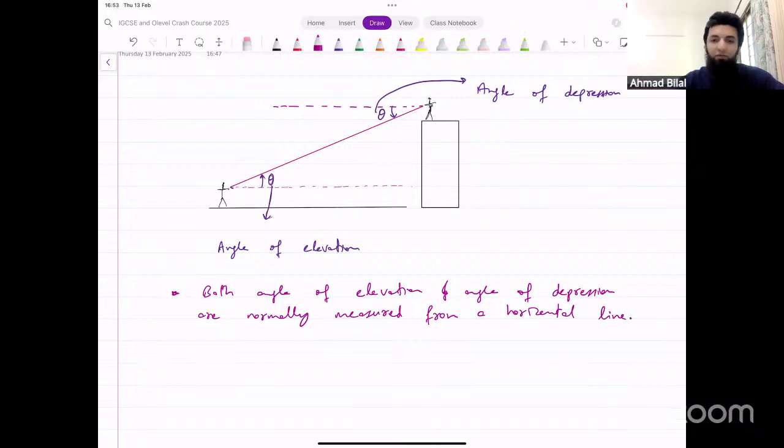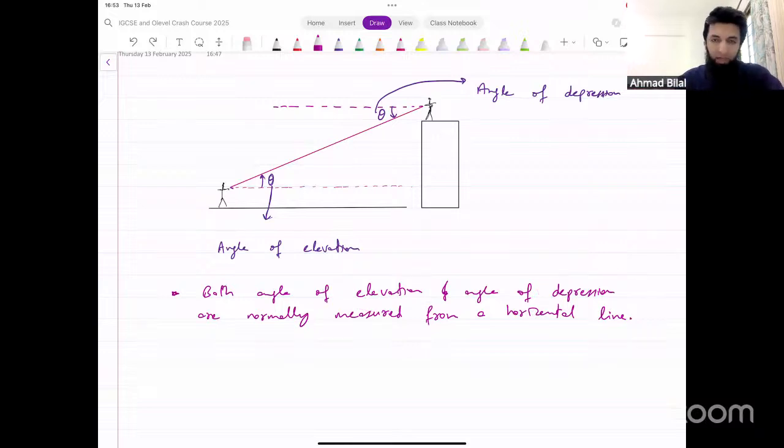Okay, so when we look at 3D trigonometry problems where you have angles in 3 dimensions, when you have triangles in 3 dimensions, this is what angle of elevation and angle of depression are going to mean.